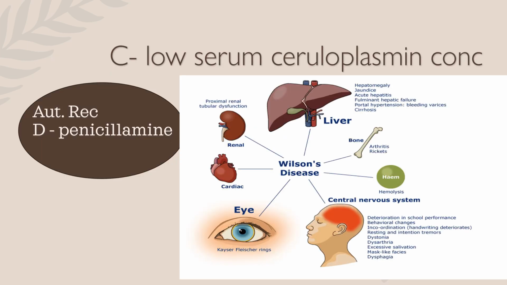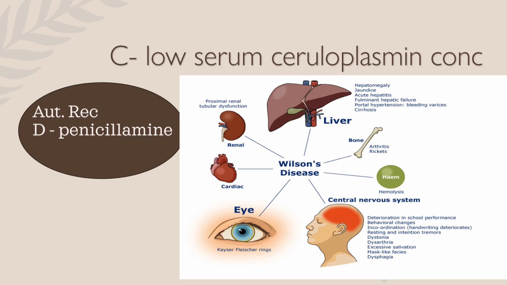Wilson disease can affect many organs in the body. There can be renal involvement with proximal renal tubular dysfunction, that is type 2 RTA. There can be liver involvement with hepatomegaly, jaundice, acute hepatitis. There can be fulminant hepatic failure or progression into cirrhosis with portal hypertension and bleeding varices.